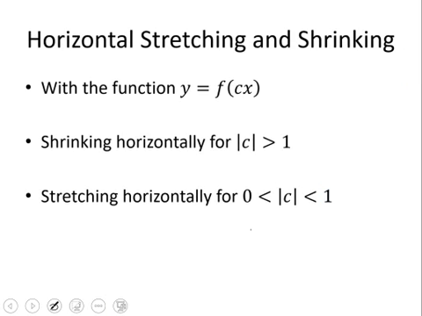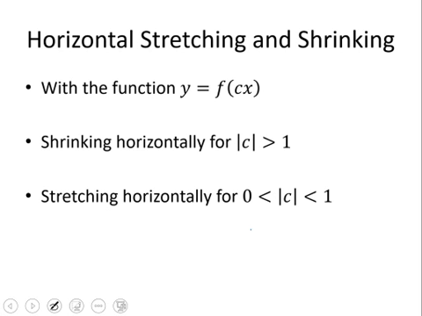Horizontal stretch and shrink. Same thing, but this time you're adjusting it horizontally, and as you see here, you're affecting it within the x value. So you're multiplying x by something, not adding or subtracting. Your horizontal shrinking is if the c value is greater than 1.